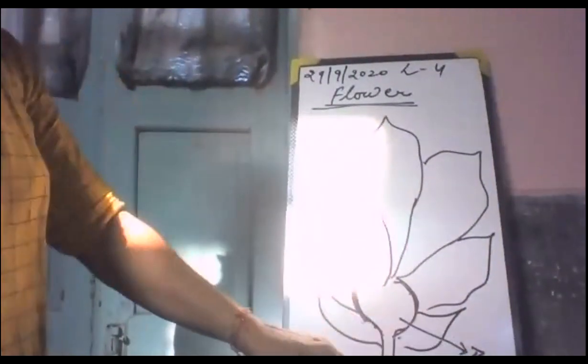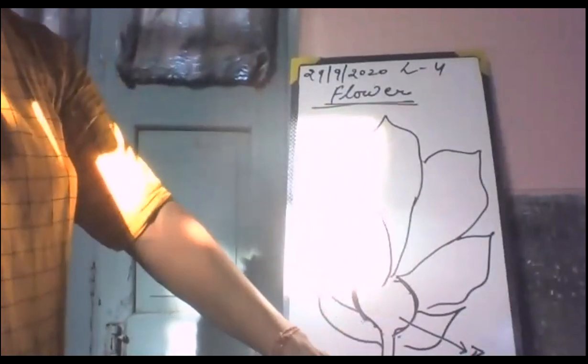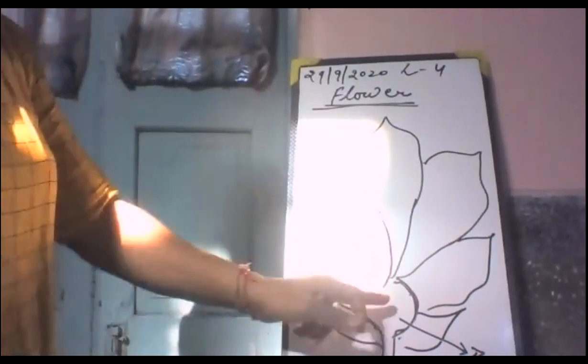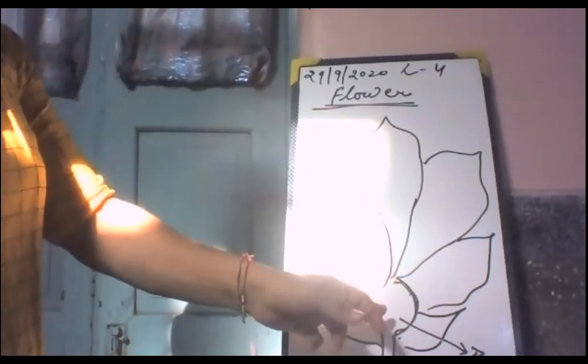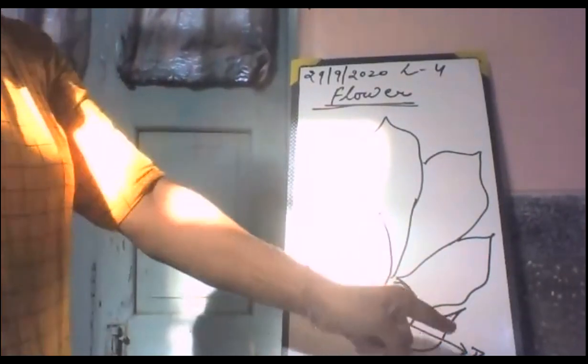The part attached to the stem or a branch is known as stalk. In some plants, the stalk is absent. This type of flower is known as sessile flower. The tip of the flower has a swollen part. That part is known as thalamus or receptacle.